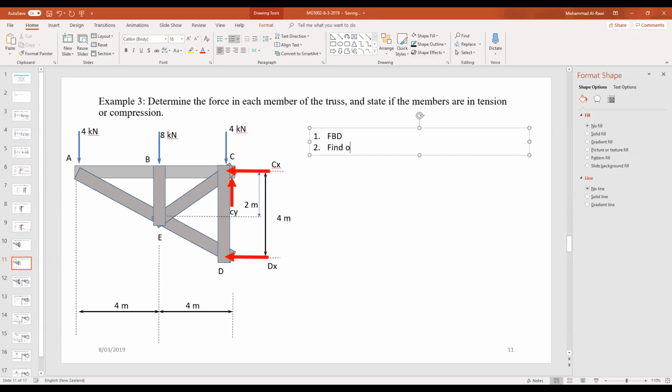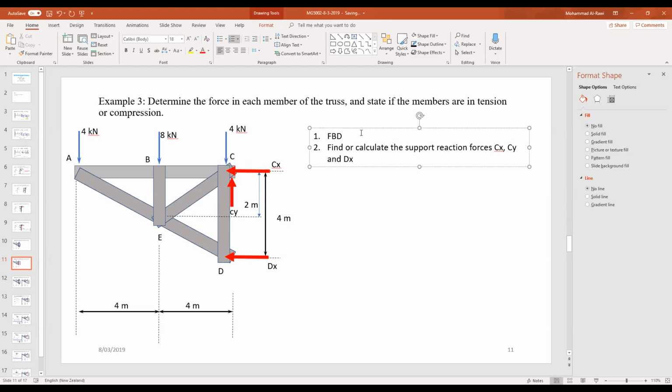Find or calculate the support reaction forces: Cx, Cy, and Dx. That's the second force analysis.